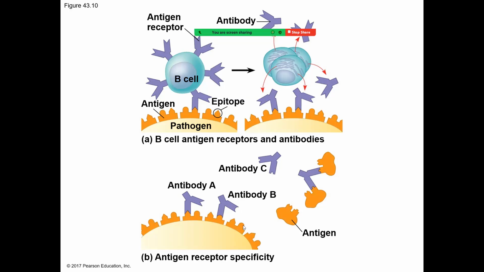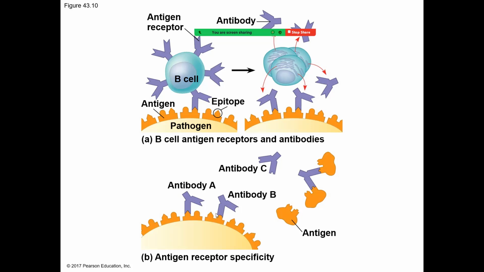Down here, this is just showing you that our antigen receptor is very specific to that one type of epitope. So again, in this case, you saw that there were different types of epitopes on this antigen. Antibody A is specific to this pointy area of this antigen.